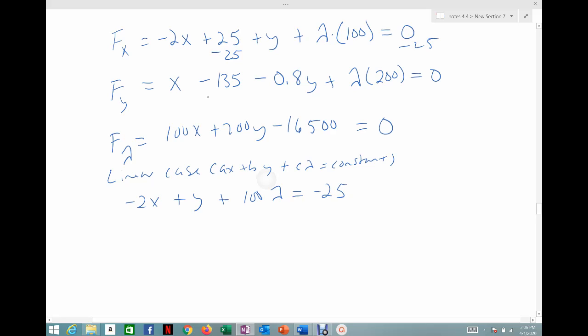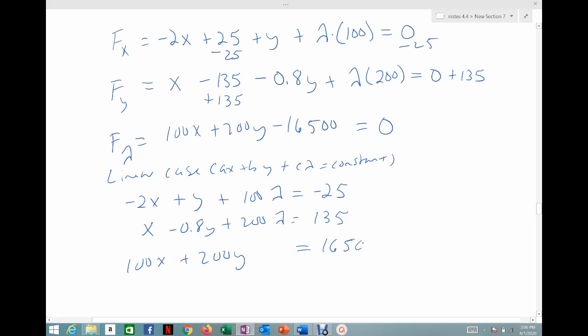The second equation, I have to add 135 to the other side. And so x minus 0.8y plus 200 lambda equals positive 135. And then the last one is always the constraint equation. So 100x plus 200y, no lambda, equals that 16,500.